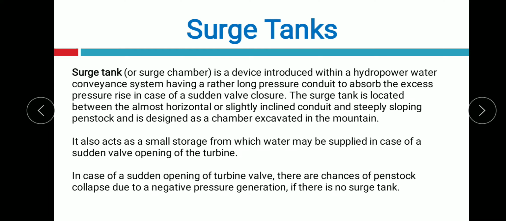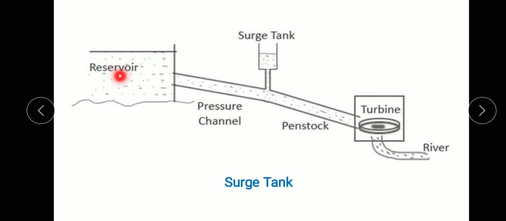Coming to the surge tank, it is a device introduced within the hydropower water conveyance system. Between the reservoir and the turbine, penstocks will be there. Inside the penstocks, sometimes pressure variation may be there, depending on the valve opening or closing.